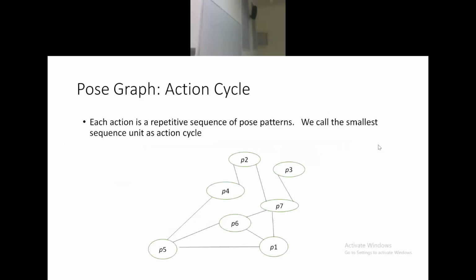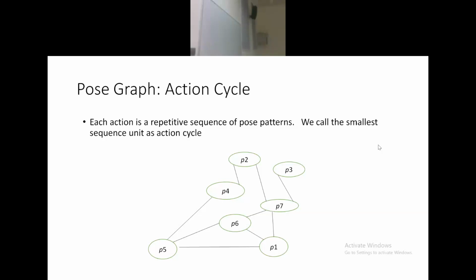The point I just wanted to make, since I'm presenting on the graphical model, is that we looked at the block. It's a video. So we actually created a pose graph of actions for the video. Assume someone is jumping. If you have a jumping video and you divide it into small molecular units, then one of those molecular units will be repeated multiple times.